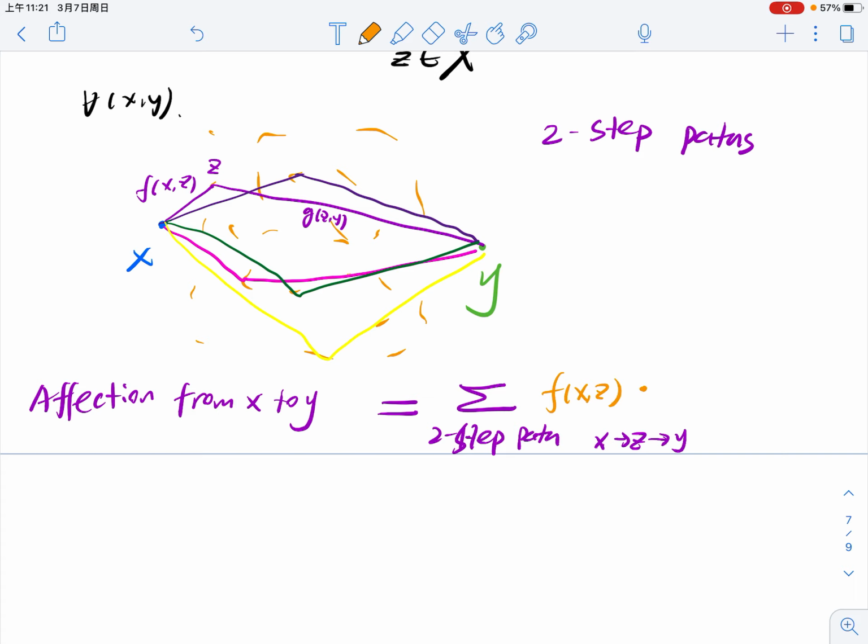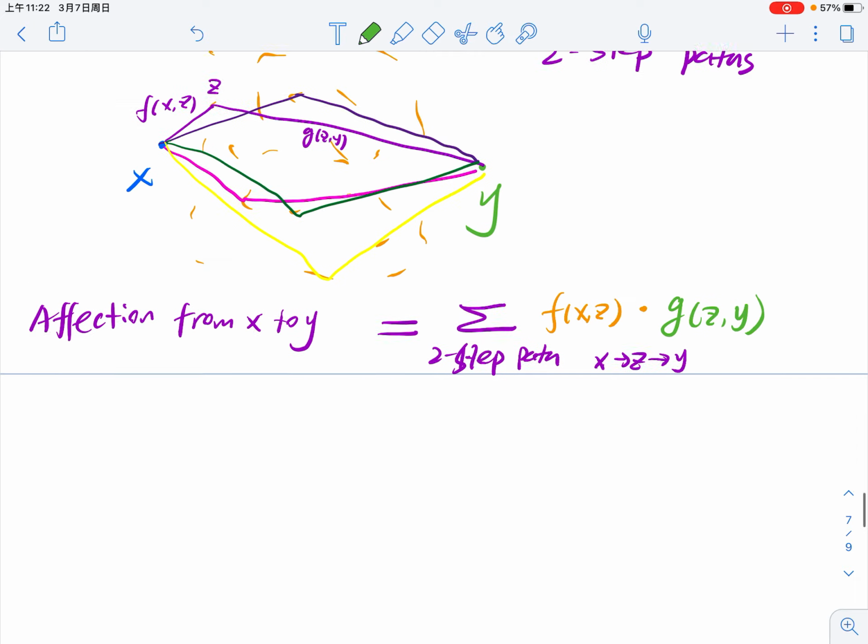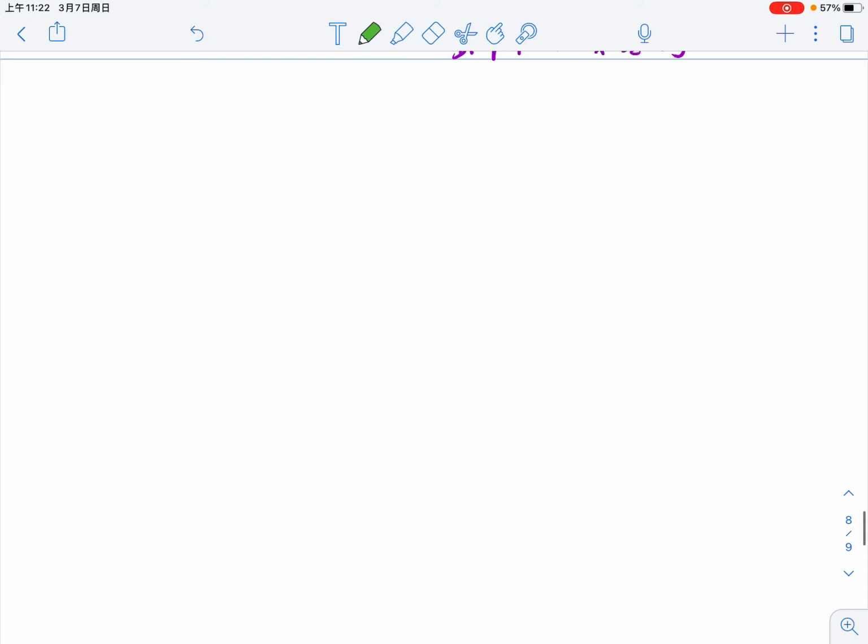This is the first affection, and then the second affection is g(z,y). Okay, that's all I can explain.